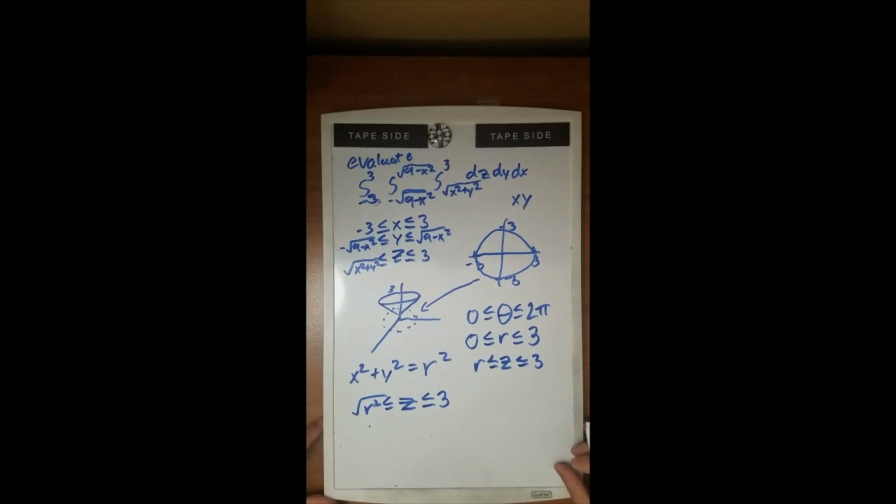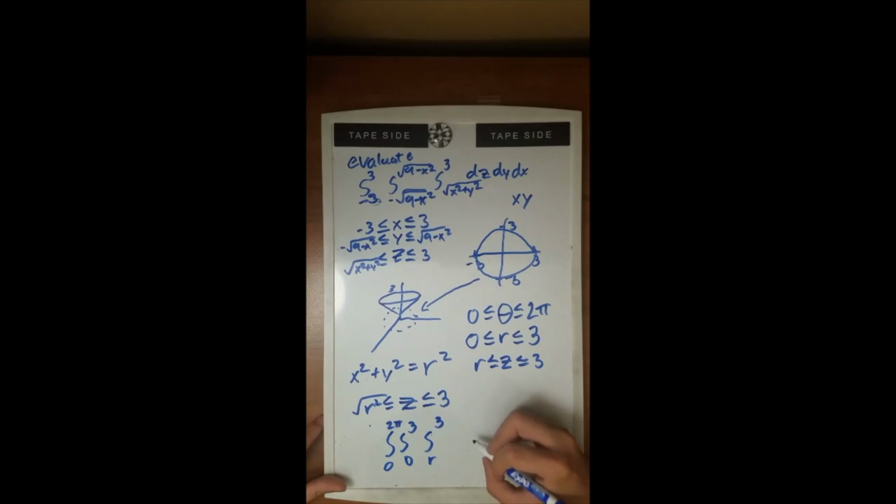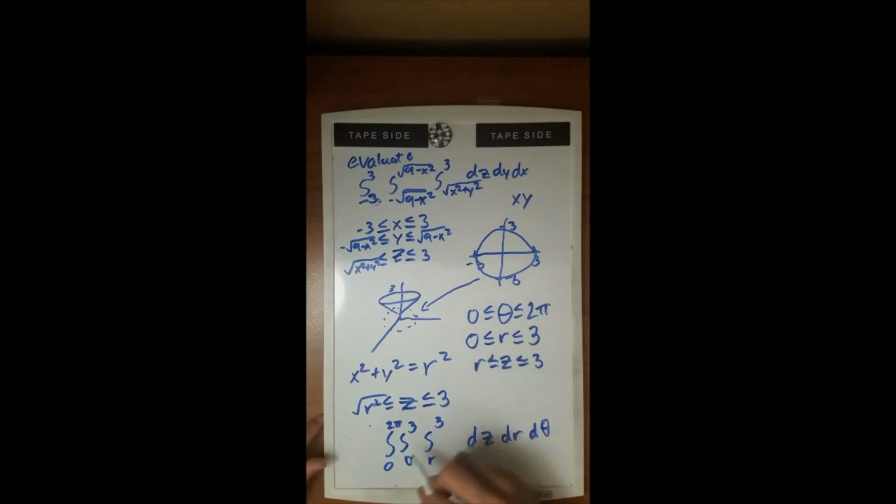Now, rewriting the problem, we can write it as from 0 to 2 pi, 0 to 3, and r to 3, dz, dr, d theta, corresponding to the bounds over here, and you want to end with one of the constants. And now, since we switched it to cylindrical coordinates, we have to include a Jacobian, which would be an extra factor of r.